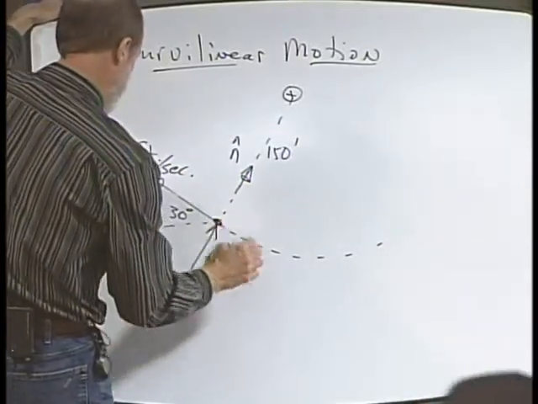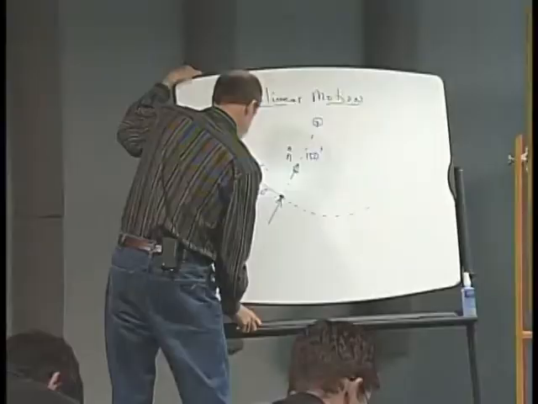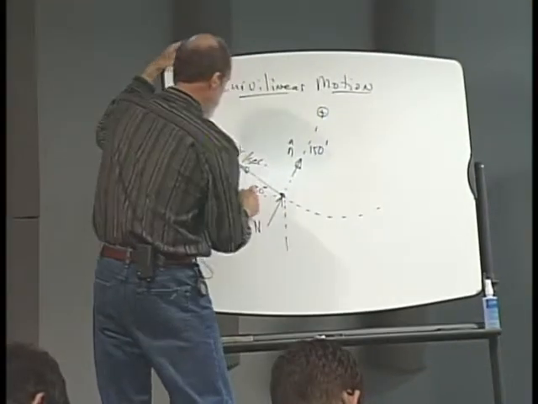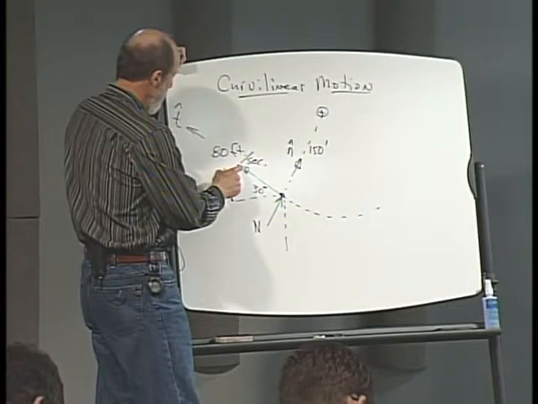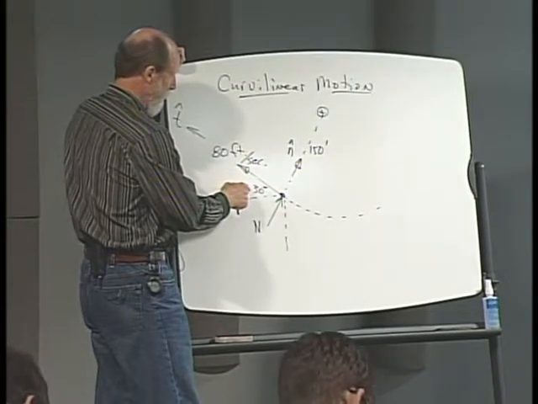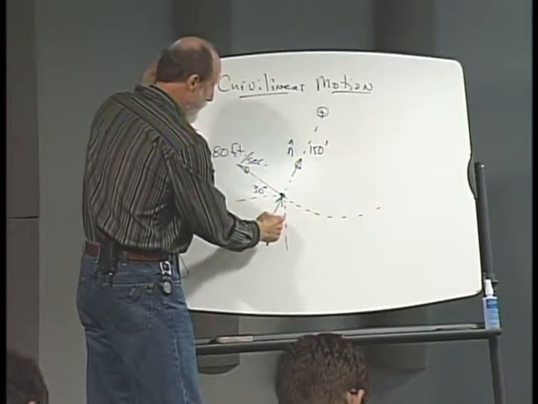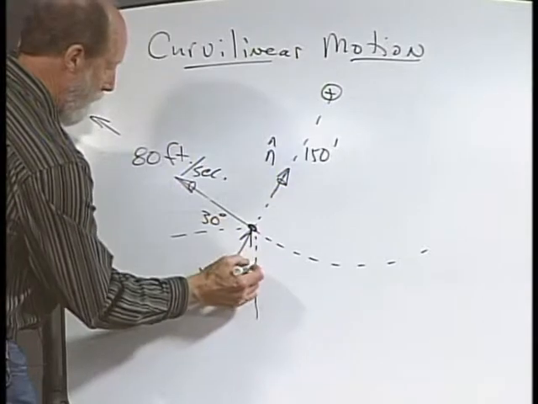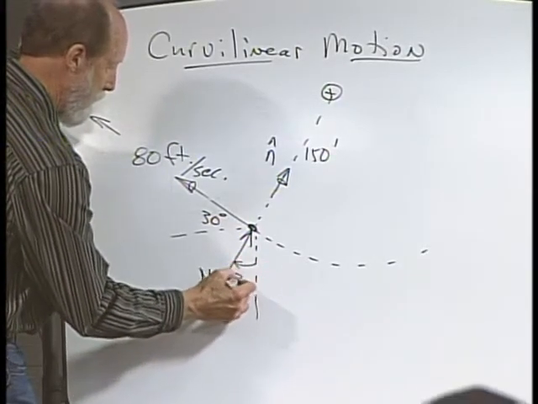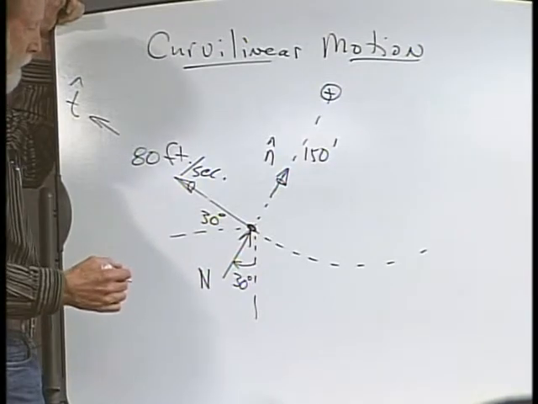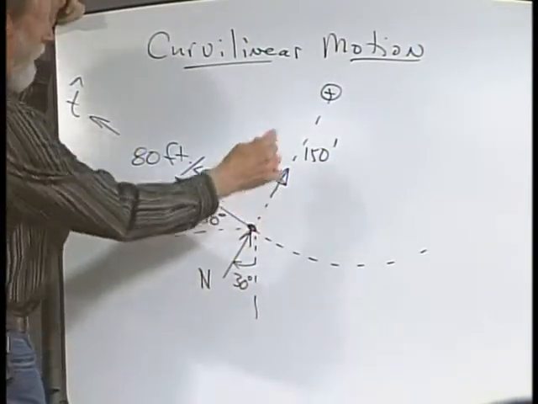And so off of the vertical, if the velocity and unit tangent are 30 degrees to the horizontal, then that means that off of the vertical, the normal is going to be that same angle. So what we could do then is write our equations.